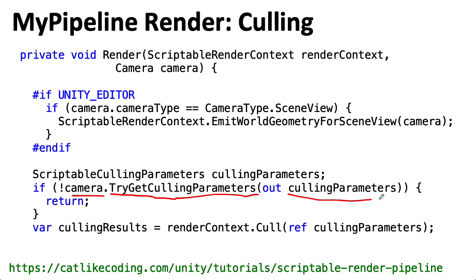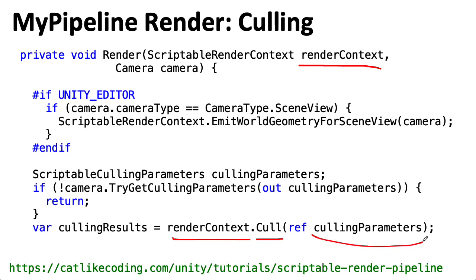The culling parameters are set by using the out keyword in the culling structure here. This method returns true or false depending on whether it was successful. If it wasn't successful, we give up and just return and don't do anything. You would probably also want to put some sort of error message in the log. Then ask the all-seeing, all-knowing render context to cull the various objects in the scene based on these culling parameters.